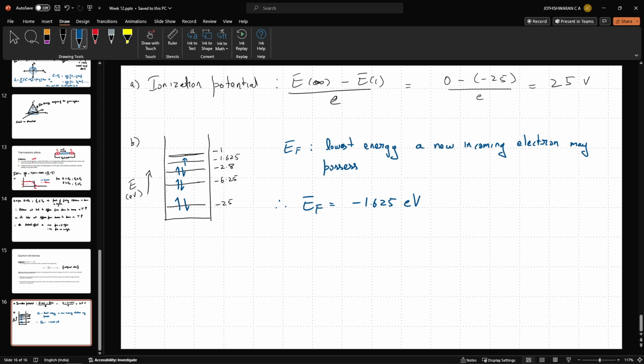Whereas if there are 8 electrons, essentially instead of this, if I say this state is also filled, just one second.